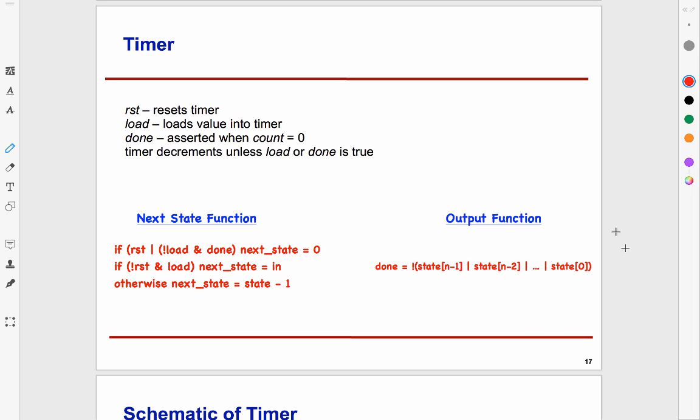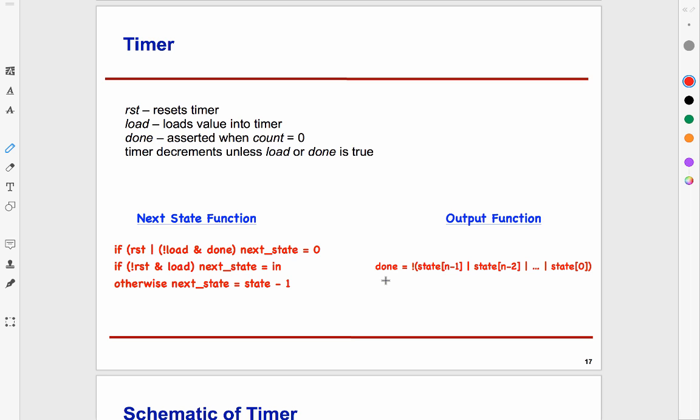Okay, so that's the right hand side out here. The left hand side is basically the 3 cases. So it says if it is reset, or it is not load and the done signal has been asserted, so the counter has counted down, then I stay put there. Once I have reached state 0, I want the counter to freeze at that stage.